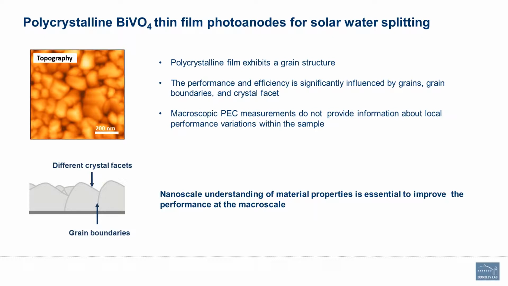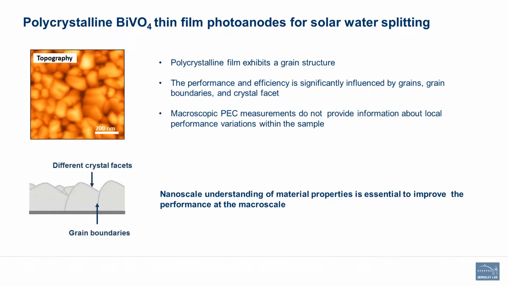Therefore, a finer resolution is needed to resolve the correlation between these topography changes and the performance of the device. Identifying these correlations will enable us to design and engineer new photoelectrode materials with higher performance and efficiency.